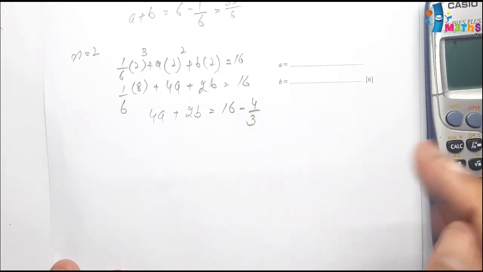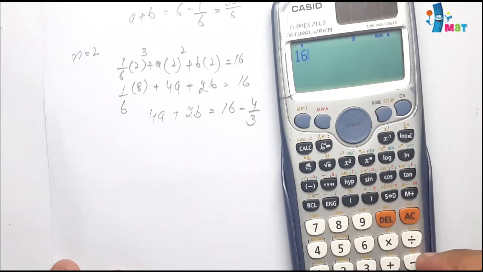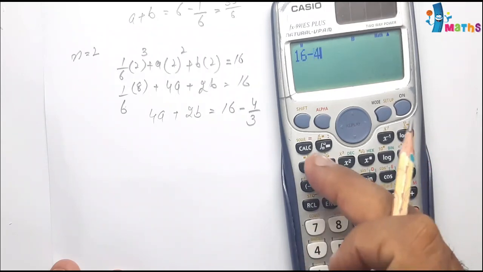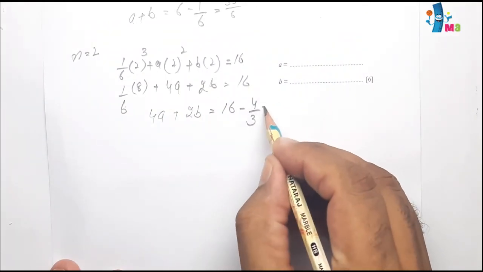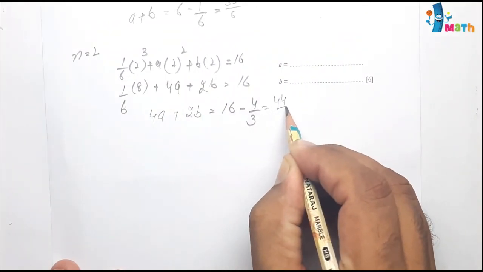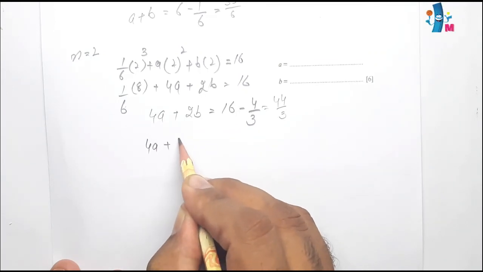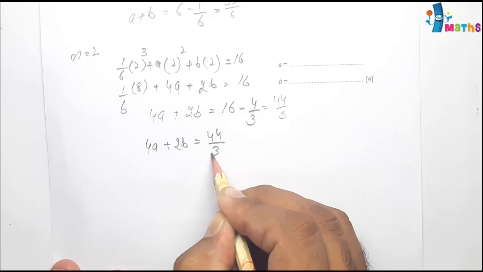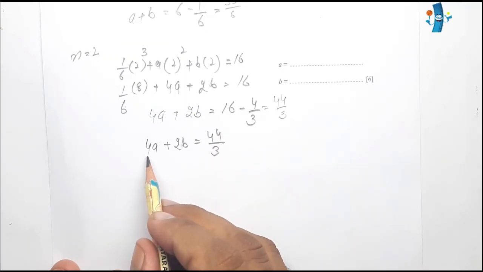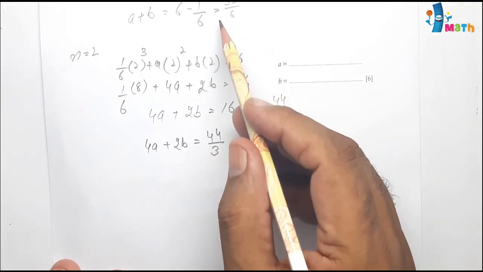Before dividing, we'll have to simplify this one. 16 minus 4 divided by 3 will be equal to 44 by 3. So our equation will become 4a plus 2b is equal to 44 by 3. Now we can divide by 2.